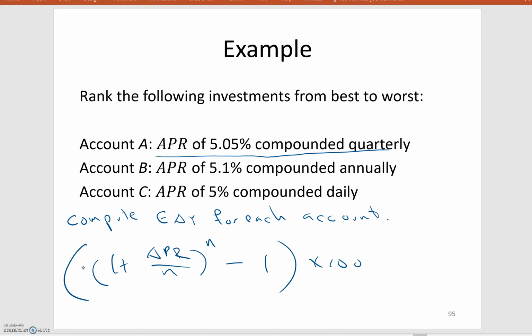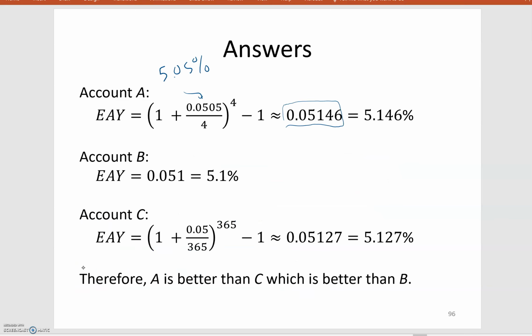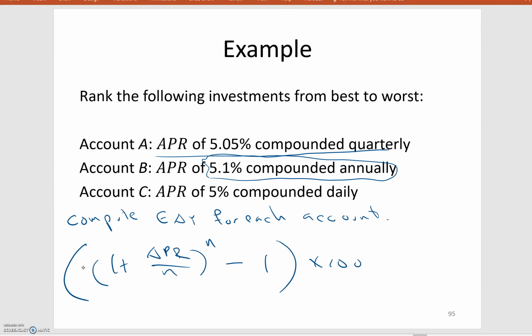I guess I should mention, for the one that's compounded annually, that's just what we used to do. So basically, for that one, we don't do anything. If it's compounded annually, then the APR is the rate.